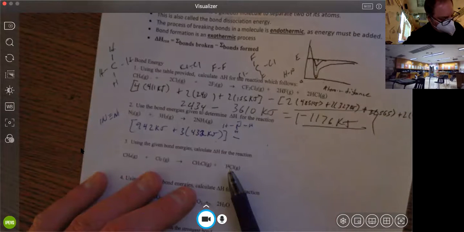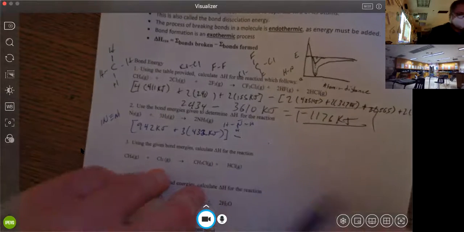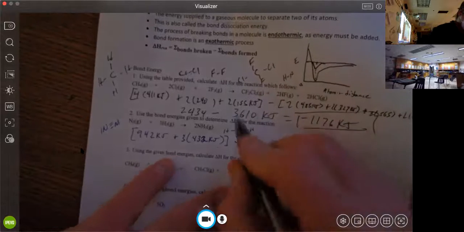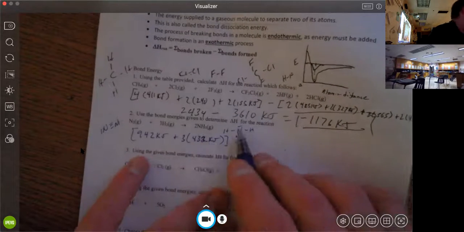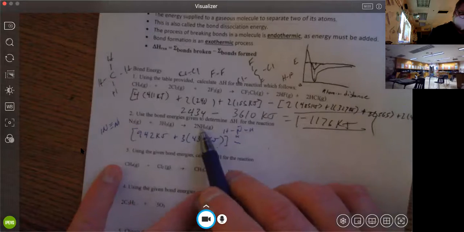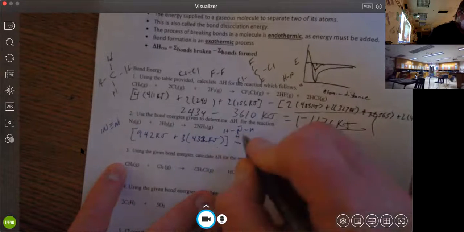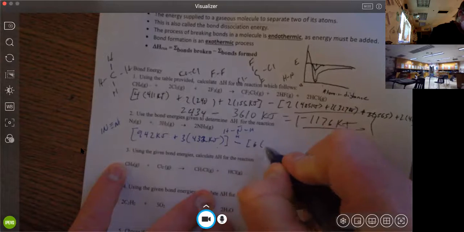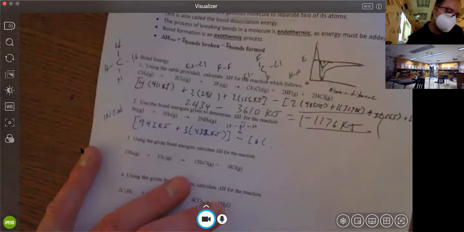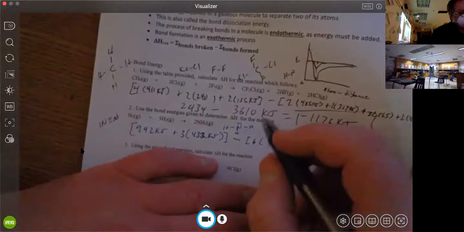Good. Trigonal pyramidal. So we have 1, 2, 3 hydrogen nitrogen bonds. For each mole of this, we have 2 moles of this. So 2 times 3 is 6. And every nitrogen hydrogen bond is 386.